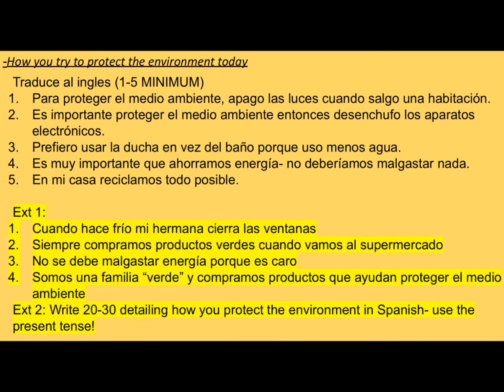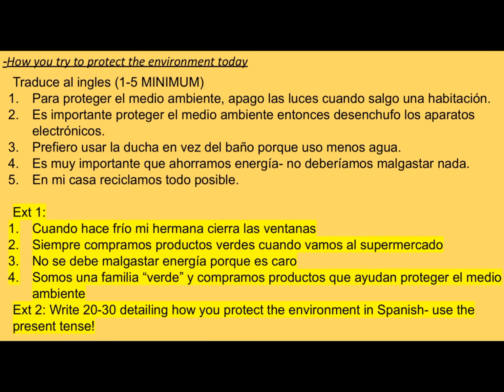So now we're going to continue with the next slide. Okay. Vale, aquí tenemos las frases en español y luego las frases más difíciles. So on this slide, we're going to use that vocab that we just looked at, and you're going to translate 1 hasta 5. You're going to translate 1 to 5 as a minimum into English. We know that's our easier skill, so you can pause the video in a minute and work through those. And you've also got 2 extensions there, so you can choose which you prefer to do.